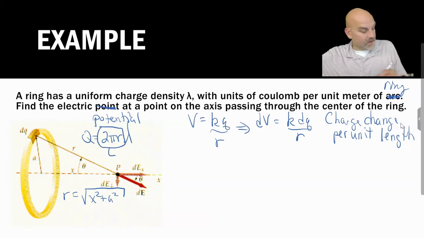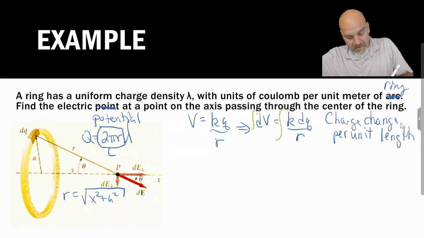And so how do we go from dV equal to K dQ over R? Well, we take the integral. And so V is going to be the integral of K dQ over R, but K and R are constants.